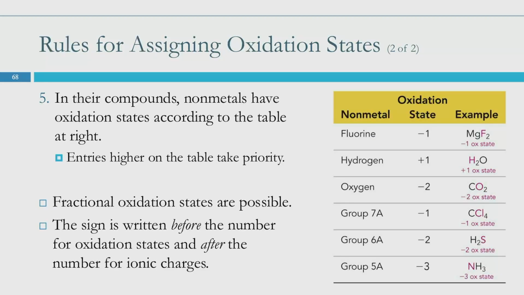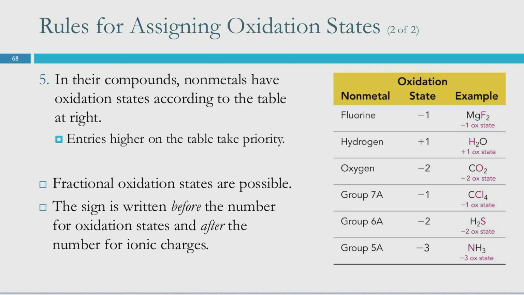We do have to do them in priority order from top to bottom. And there are some cases where that actually has an effect, making things like oxygen not take its preferred -2 oxidation state. You can also have fractional oxidation states.